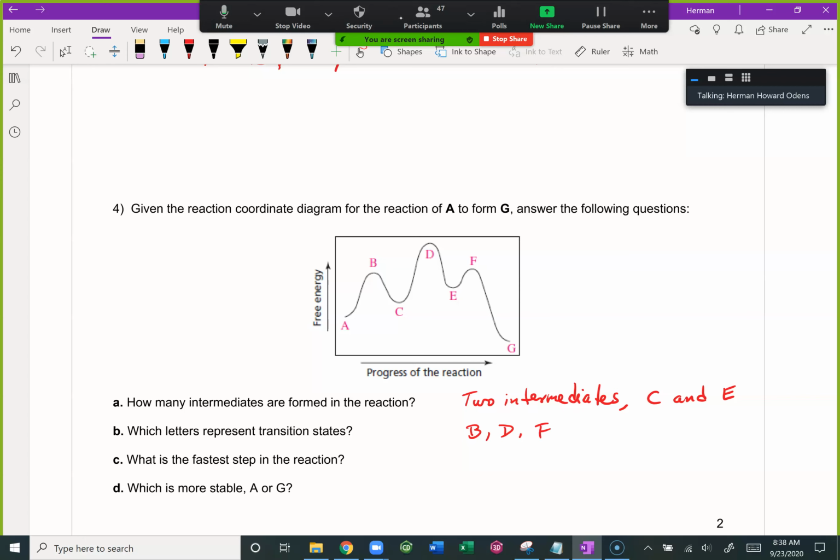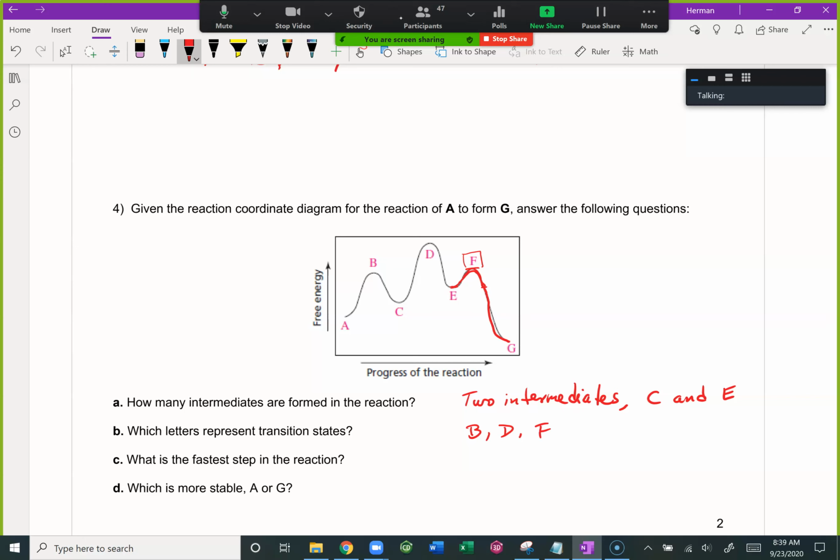Not for F, I mean from E to G. So this distance from here to here, this is what makes this reaction overcome this transition state. So F is the transition state, but G is the product. But once this reaction gets to this point, she just falls down and finishes up.